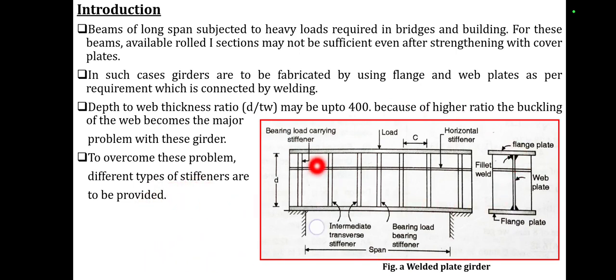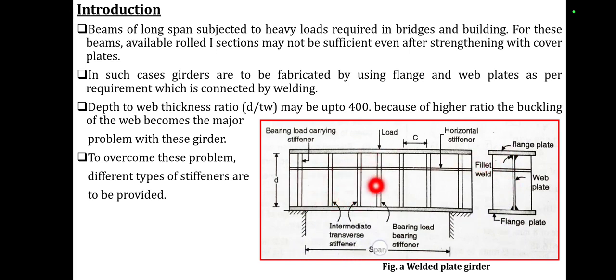If you see figure A, this is the figure of a plate girder. In cross section, it is similar to our rolled steel I section, but here the flange and the web are fabricated by using plates.